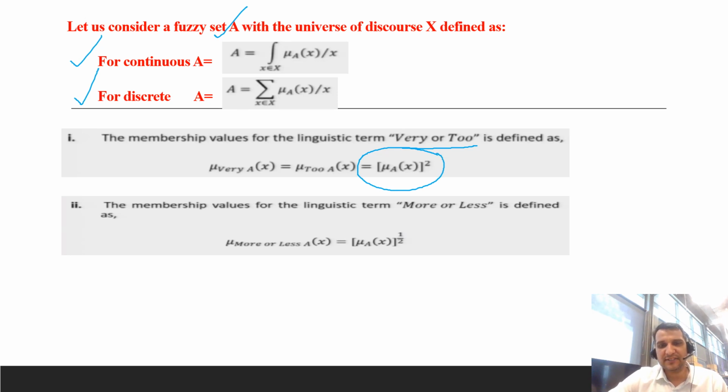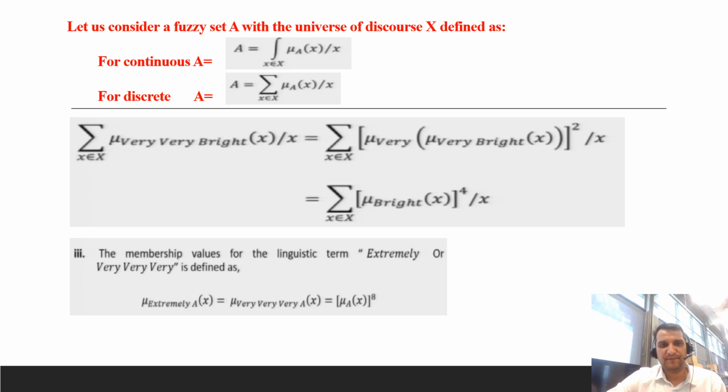If the linguistic term is more or less, in that case we take the square root of this particular value, right? And in the next, very very bright: in this particular case, very is used 2 times, so we have to multiply the membership value 4 times.